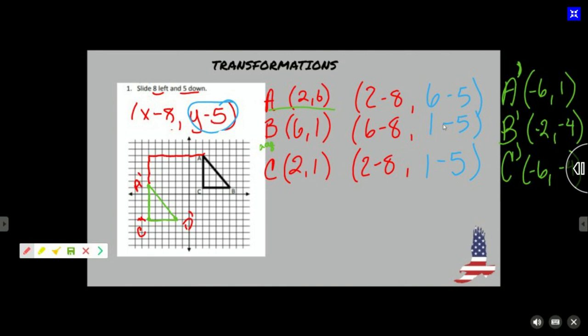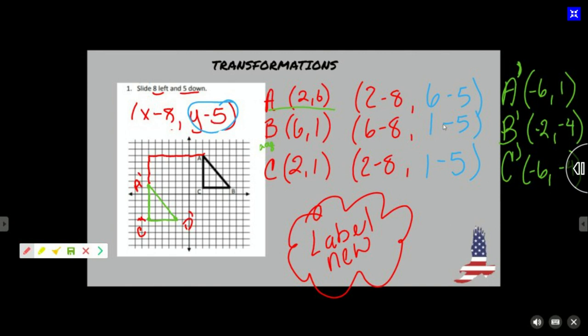One of the reminders you want to make sure that you do is label your new points. Talking about the A prime, B prime. Label them correctly, not like Miss Graham did. A prime, B prime, C prime.